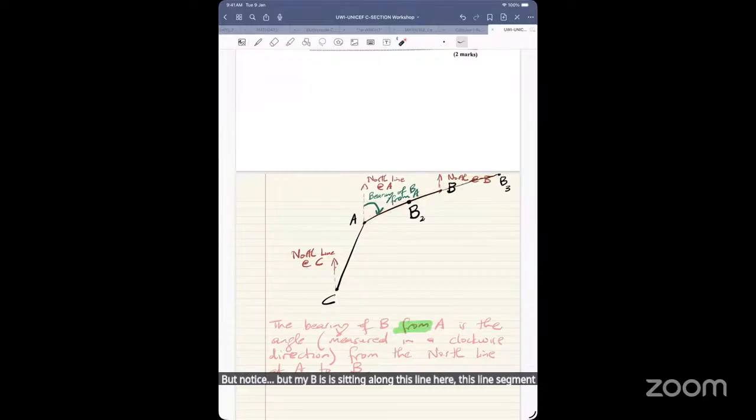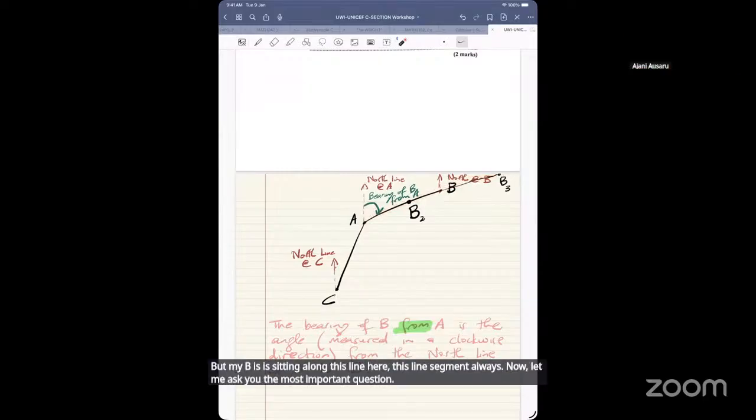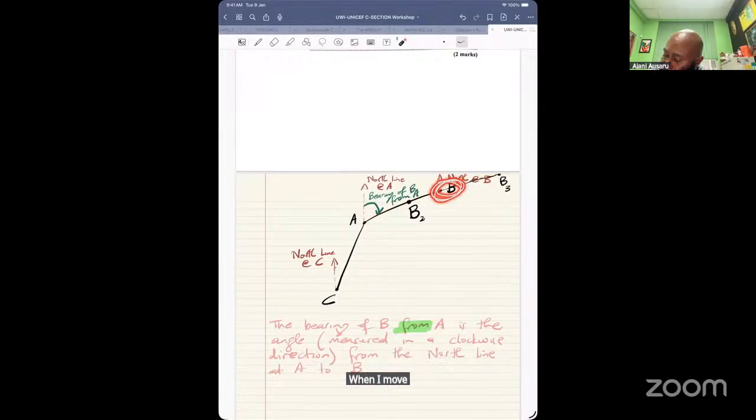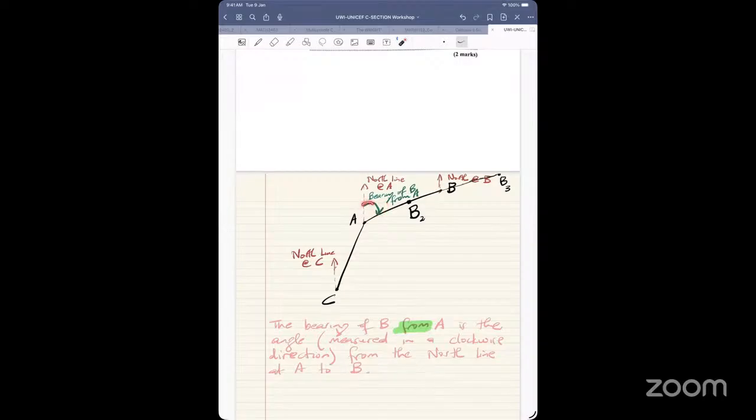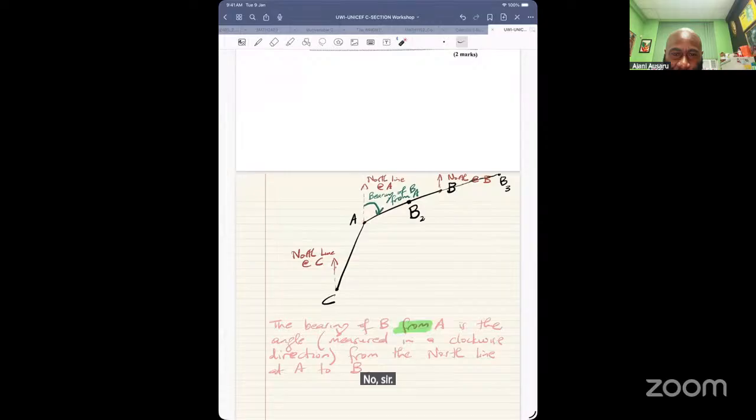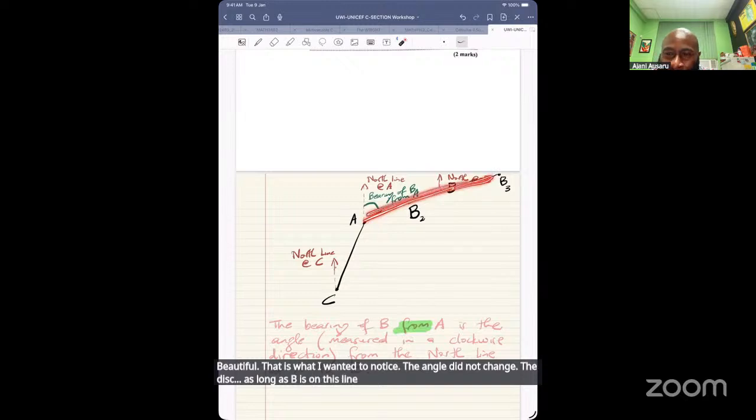Now, let me ask you the most important question. When I move the B from here to here, which I call B2, does this angle change? No, sir. Beautiful. That is what I want you to notice. The angle did not change. As long as B is on this line, the angle is not going to change.